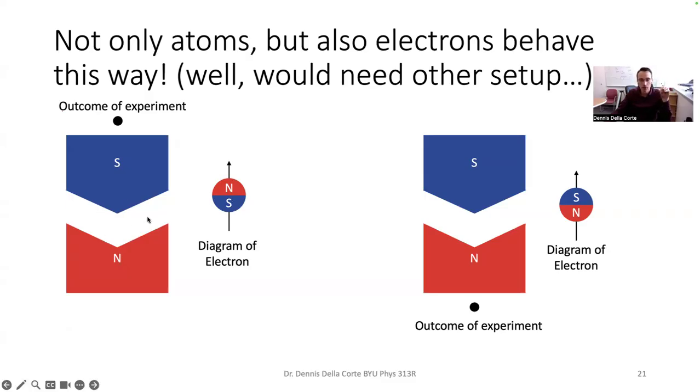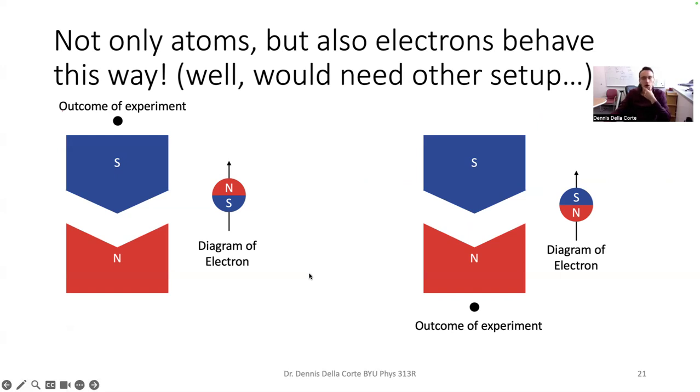If you would send them through, you would see the North Pole here to be strongly attracted by the South Pole and all the electrons bouncing up here on the top. And if they would be the other way around oriented, then all of the electrons would hit the bottom of this, would come out of the bar magnet, of the permanent magnet, and end up being clustered at the bottom.